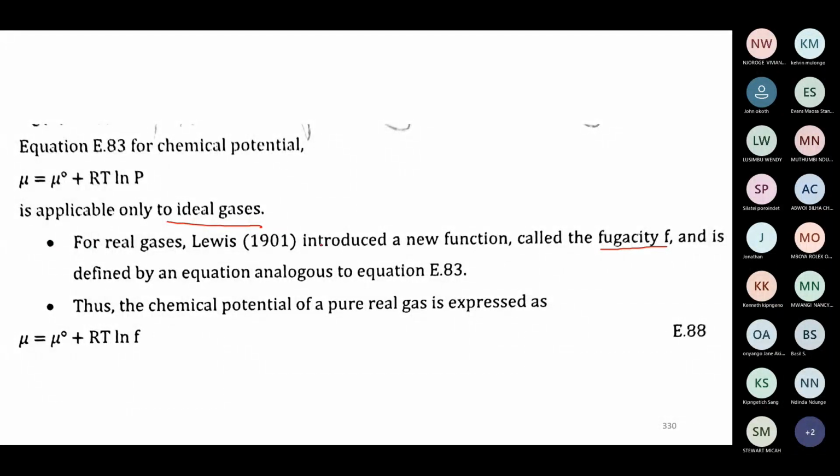Therefore, the chemical potential of a pure real gas is expressed as μ equals μ naught plus RT ln f, where f here is fugacity.